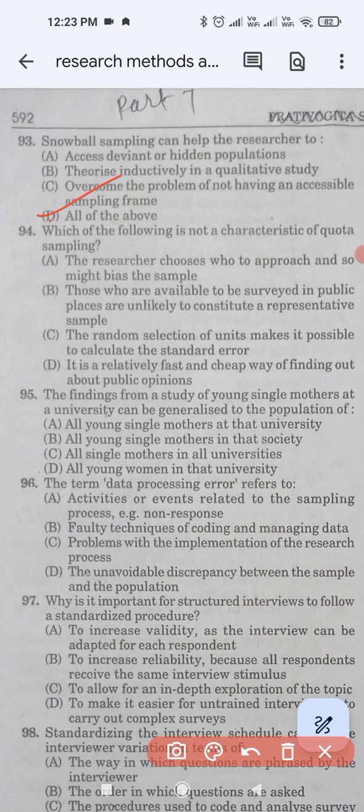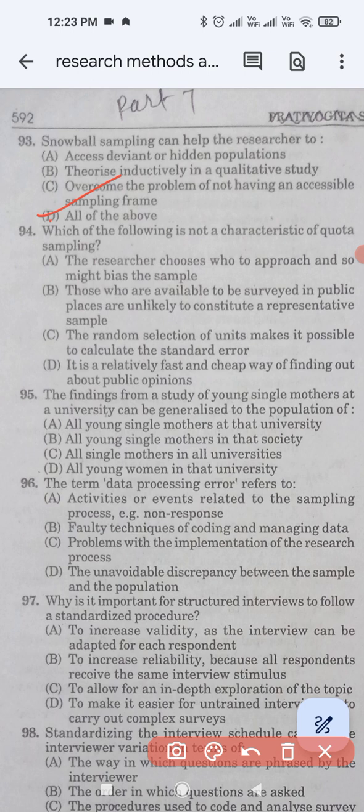Now question number 94. Which of the following is not a characteristic of quota sampling? Option A, the researchers choose who to approach and so might bias the sample. Option B, those who are available to be surveyed in public places are unlikely to constitute a representative sample.